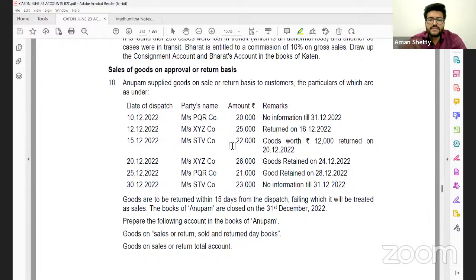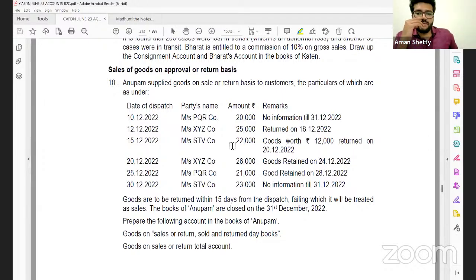XYZ Co. 26,000, goods retained on 24/12/2022. 25/12/2022, Messrs. PQR Co. 21,000, goods retained on 28/12/2022. 30/12/2022, Messrs. STV Co. 23,000, no information till 31st December 2022.